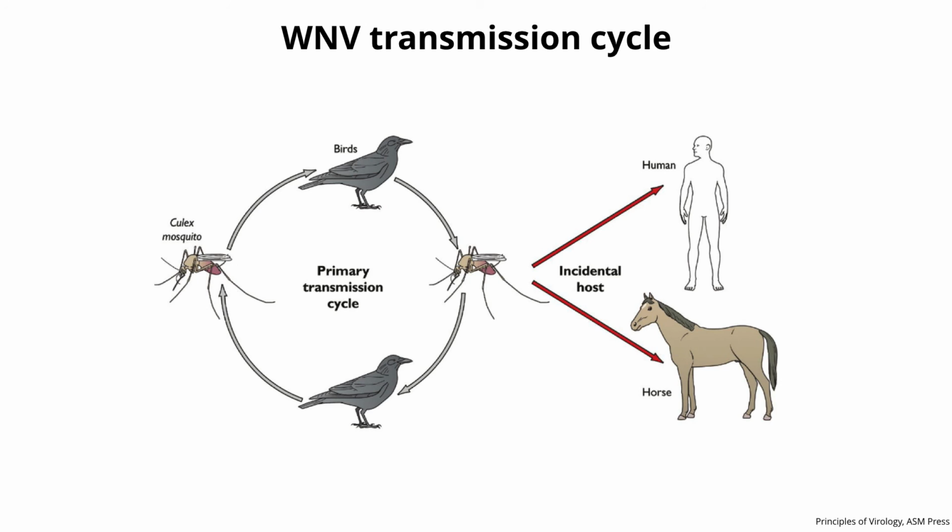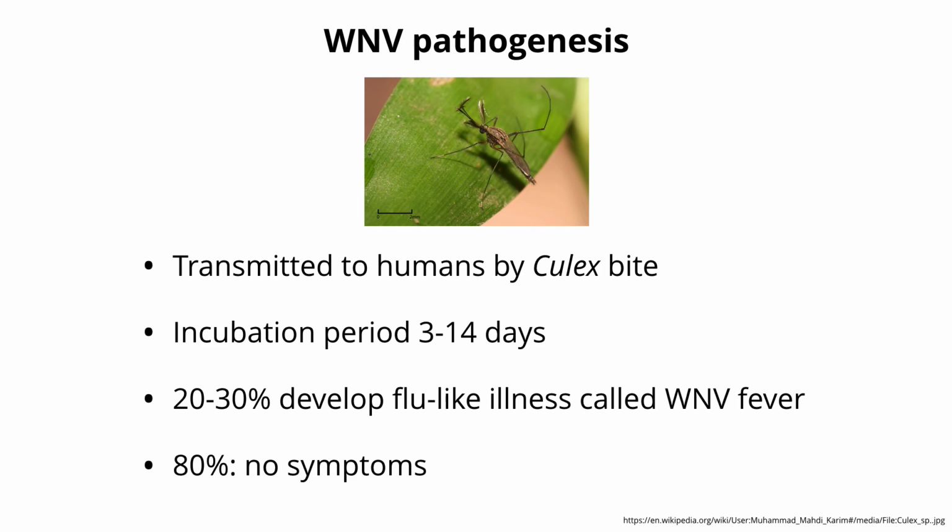So the virus does not spread from one human to another, but from birds to humans, and so forth. Horses may also be infected as well. So it's transmitted by culicine mosquitoes, with an incubation period of 3 to 14 days. 20 to 30% of people develop a flu-like illness called West Nile fever, a relatively mild illness.